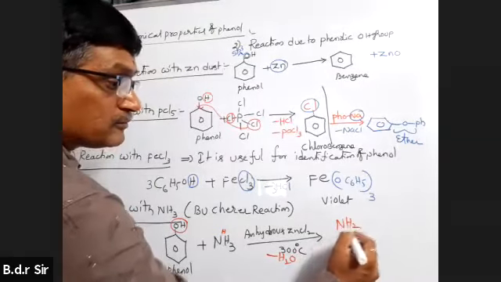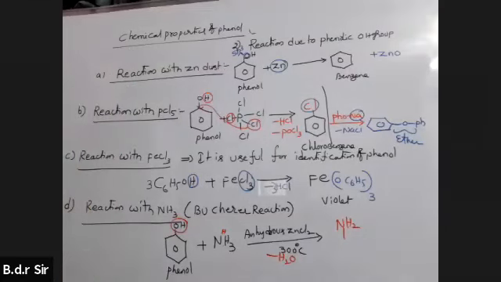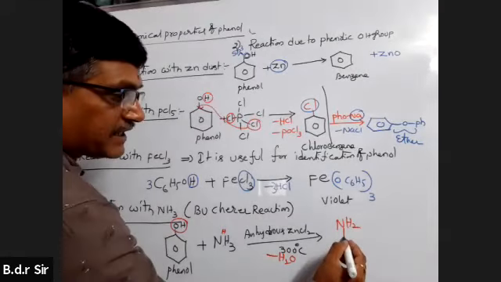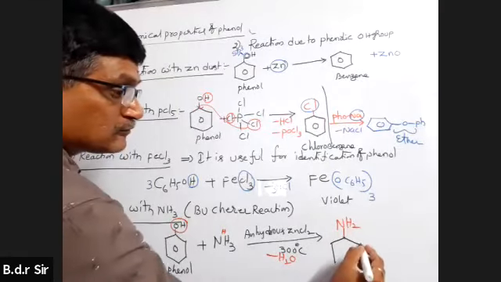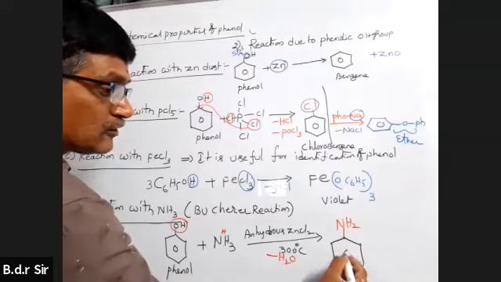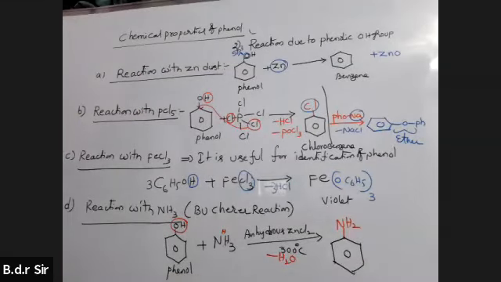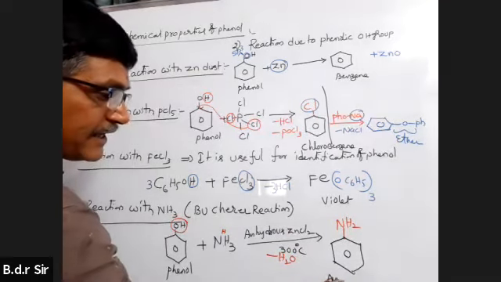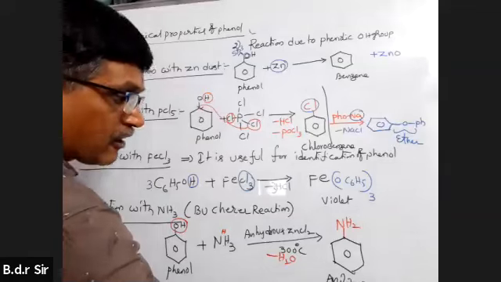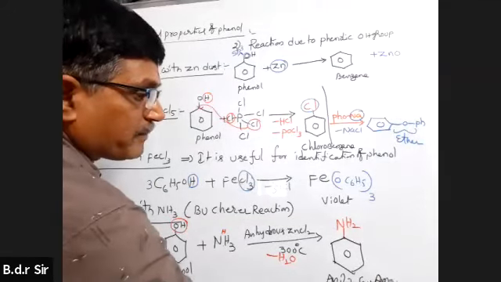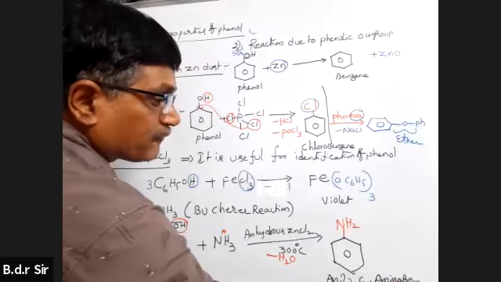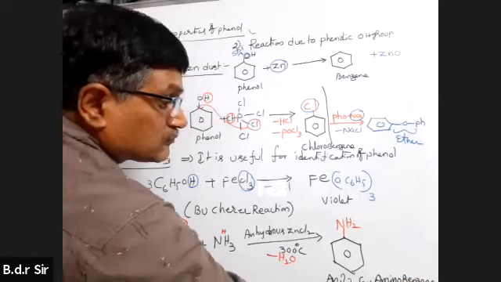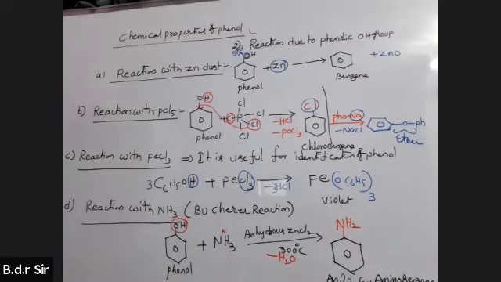The NH2 group bonded to the benzene ring. What is the name of this compound? Its name is aniline or aminobenzene.